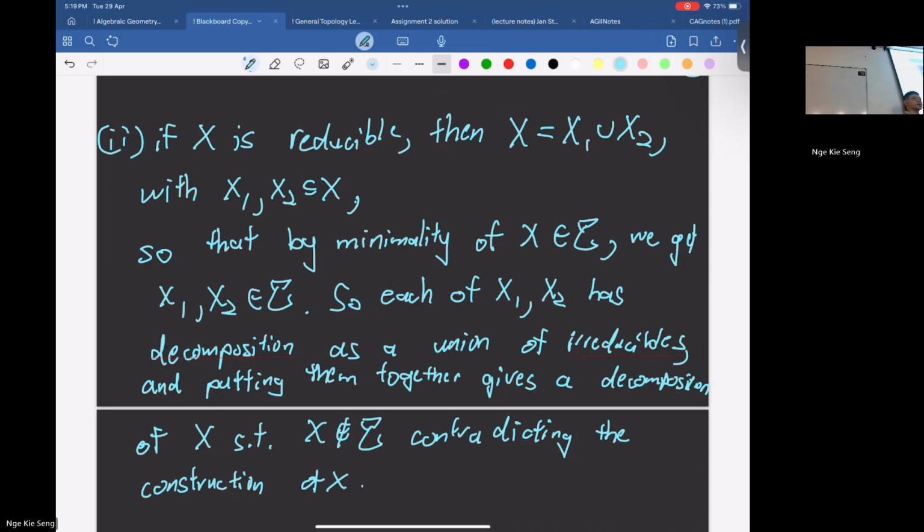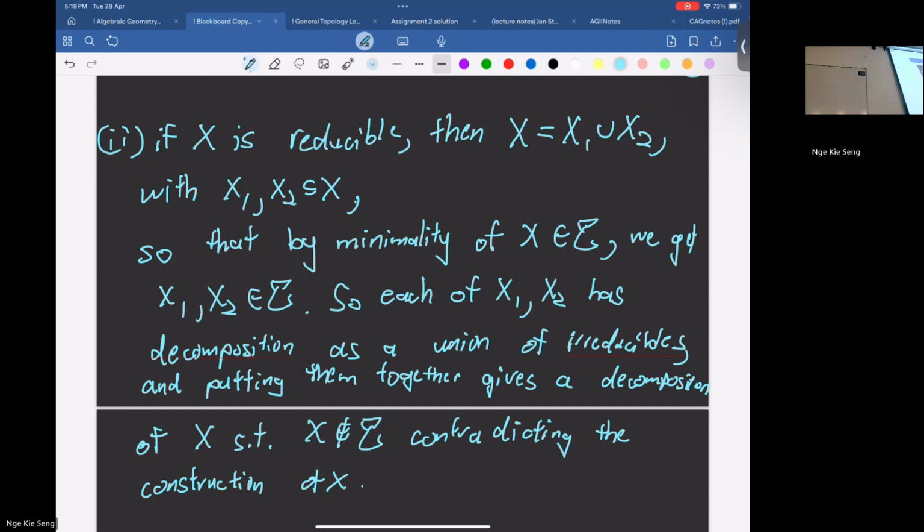So you see, although the point we use here is the descending chain condition, that part needs commutative algebraic geometry. But when we put all these points together, it really reduces to a discrete argument. This is just a contradiction to the existence of a minimal object.